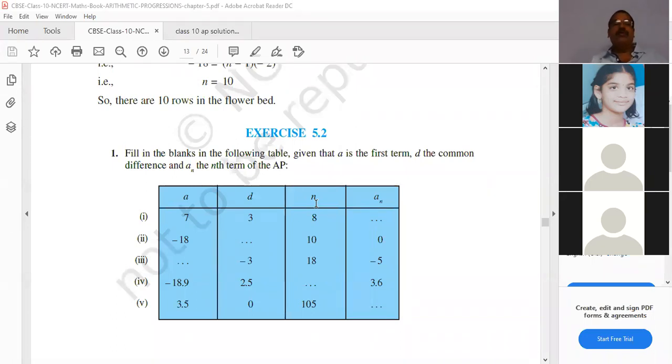Now we are entering into exercise 5.2, completely nth term formula only, Amma. But in the exam, they will not give it separately. You have to think whether to use the nth term or the sum of n terms formula, otherwise you will get confused.